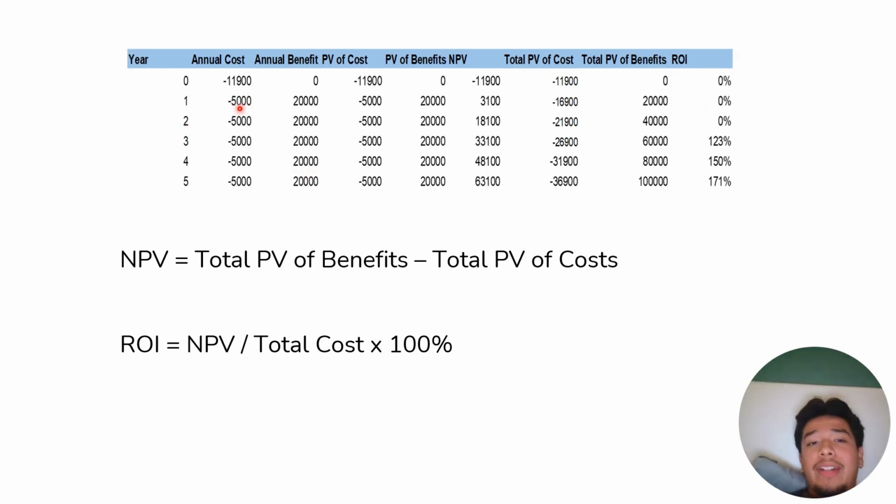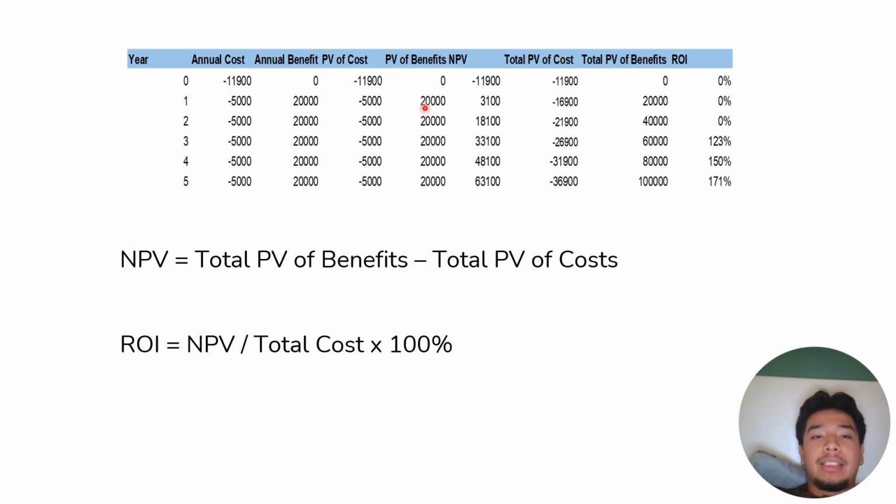So where we got the 5,000 annual cost is going to be maintenance, make sure everything's running smooth, training, stuff like that. Our annual benefits 20,000 coming from potential revenue streams, more adoptions, the shelter working with more pet related businesses.